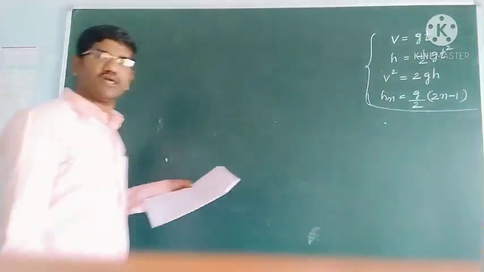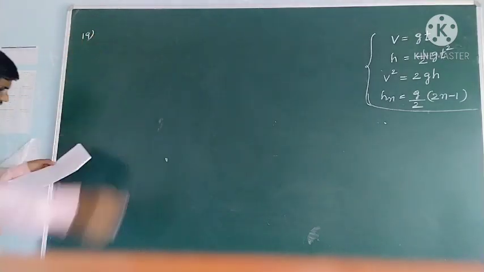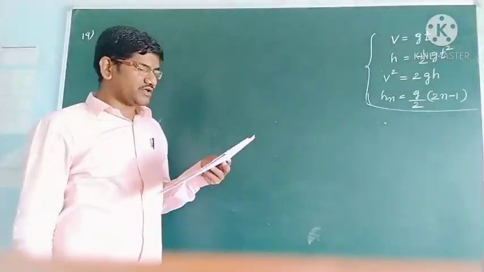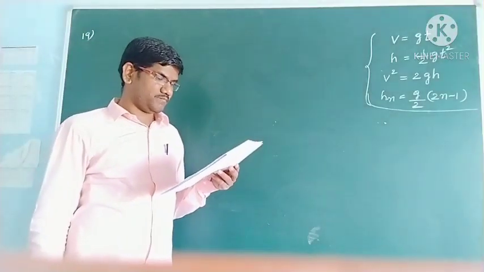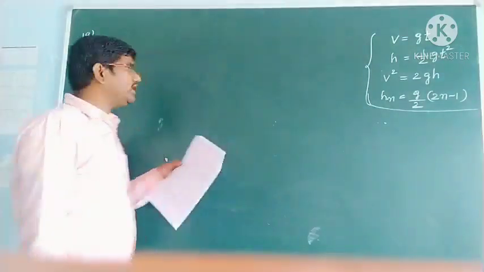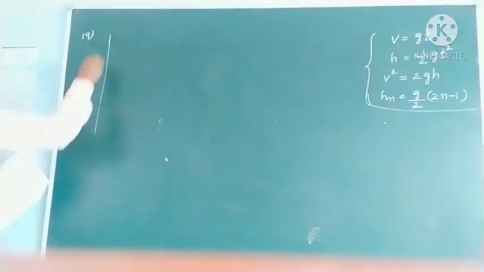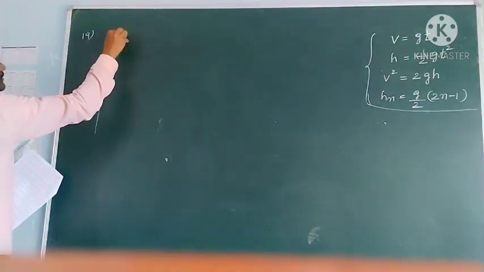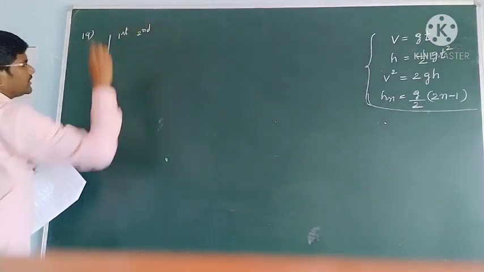Okay students, now we can see problem number 19. What is that? A body is dropped freely. After 2 seconds, another body is dropped from the same height. From the same height, we are dropping two objects. So first body and second body.